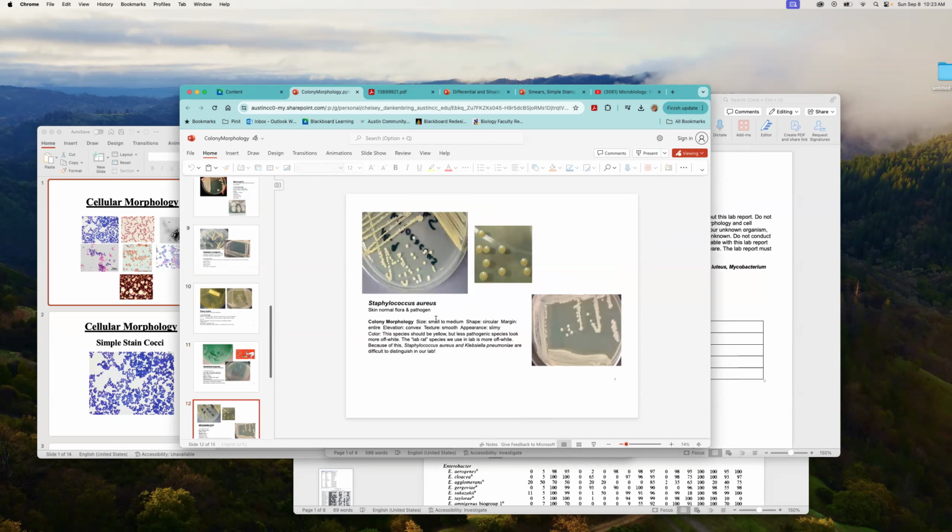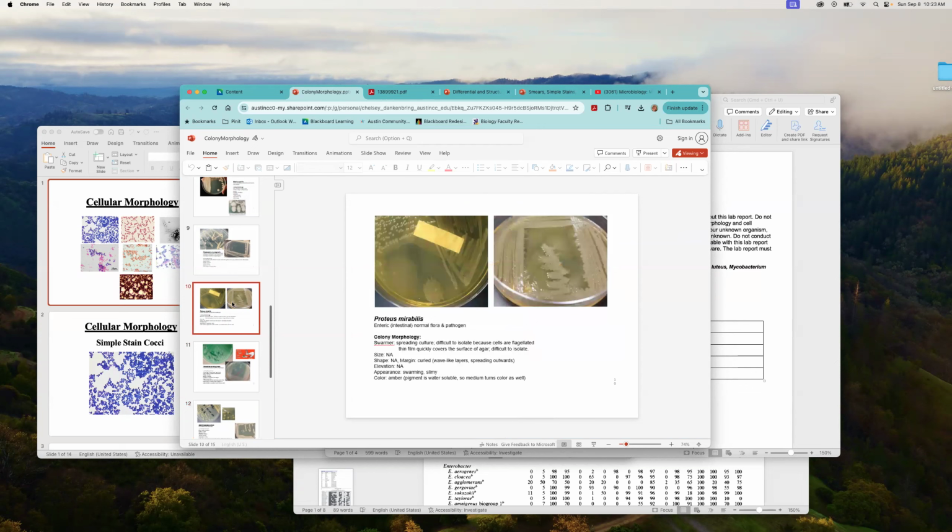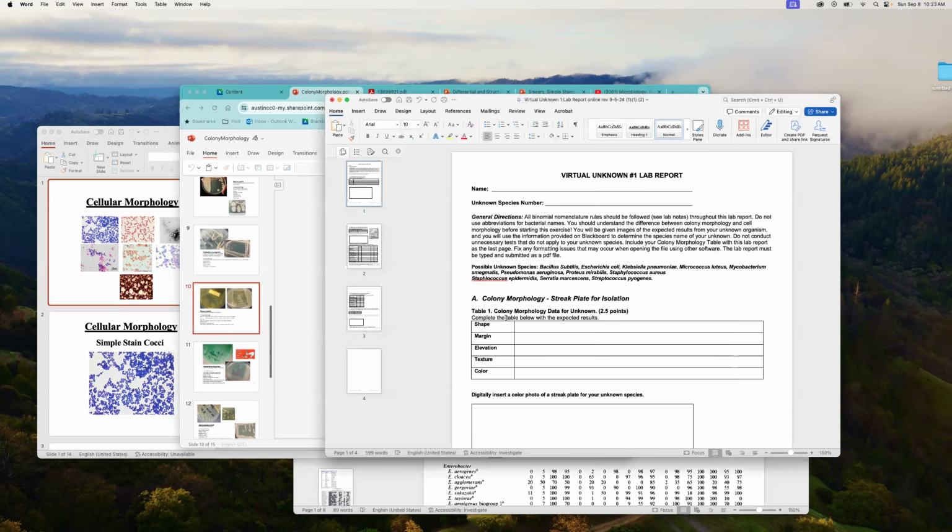This is Staphylococcus aureus. This is going to be Proteus mirabilis. From these, you can compare what you have to these, and you can look at your shape, your margin, your elevation, your texture, and your color. Now, this will not definitely tell you the identification of your unknown, because several of these look similar to one another, and you're going to need more information to figure out what it is.